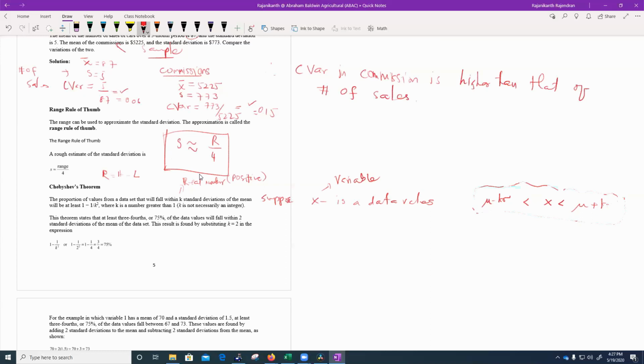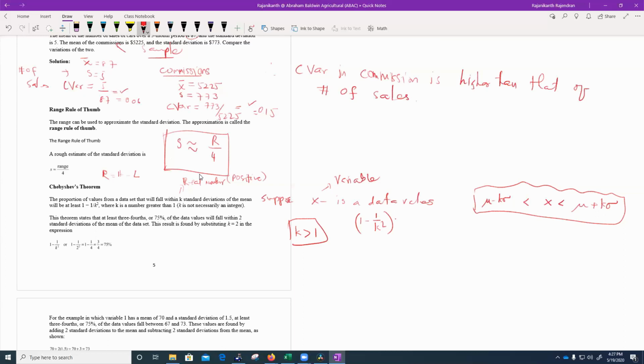That means at least 1 minus 1 over k squared. This is just a number. This number is of course less than 1, because k is bigger than 1, any number bigger than 1. That means this fraction is going to be smaller than 1, right?